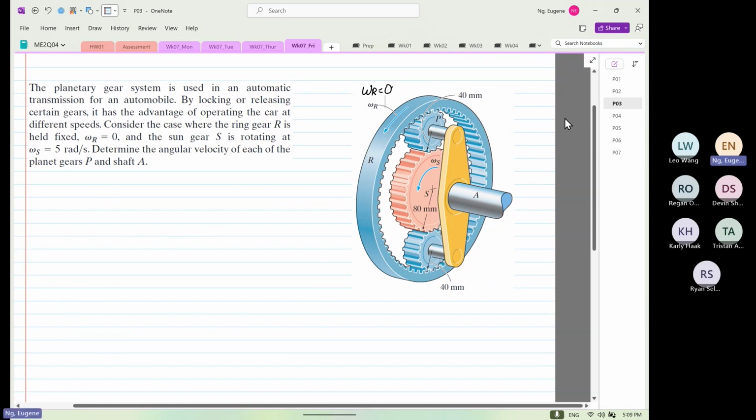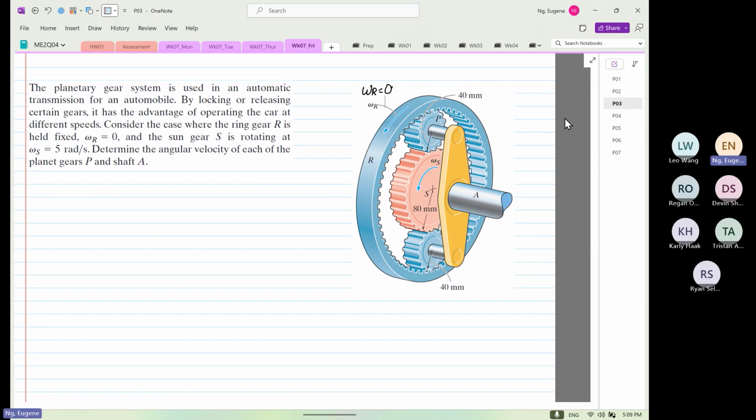Then omega S is rotating at 5 radians per second. So omega S is equal to 5 radians per second and is going anticlockwise, plus 5k radians per second.